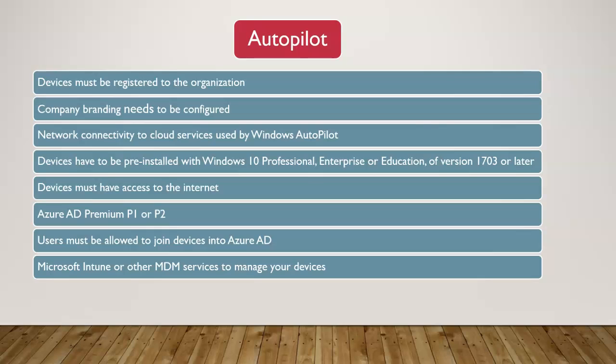But if you are using any other technology that you want to manage with, like VMware Workspace ONE or cloud services, other third-party MDM providers also support the Autopilot option, because Autopilot is not an Intune feature. You need to remember that it's a feature of Windows 10, and we are simply using that feature with the integration of Microsoft Intune in this course. So that's the other part you need to have.